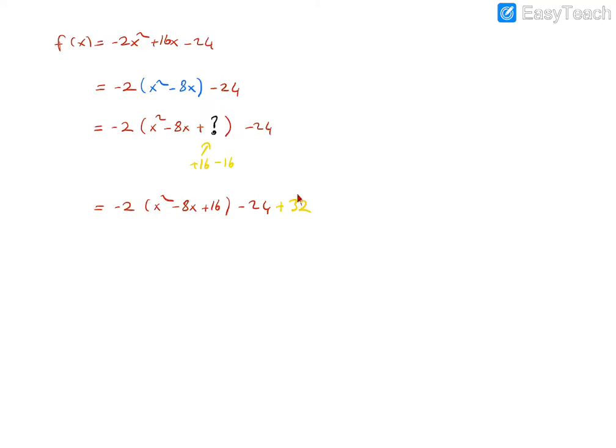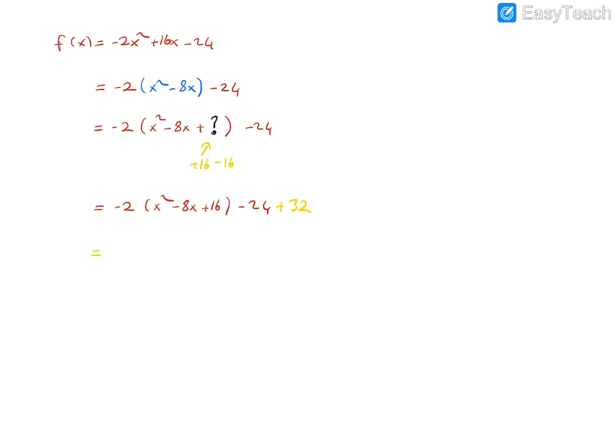This 32 comes from this minus 16 times minus 2. This is minus 16, which is inside of the parentheses. If you distribute the minus 2, x squared, that term, minus 16, so 16x, this term, and minus 32, and here we have plus 32. These are cancelled. Then we have minus 24. So again, we have the same equation.